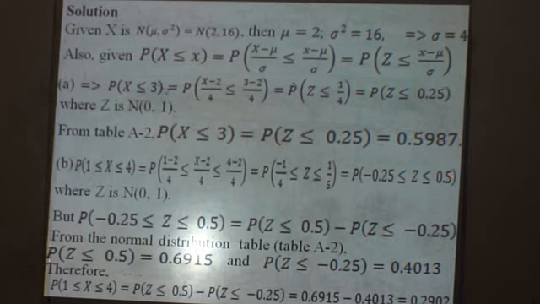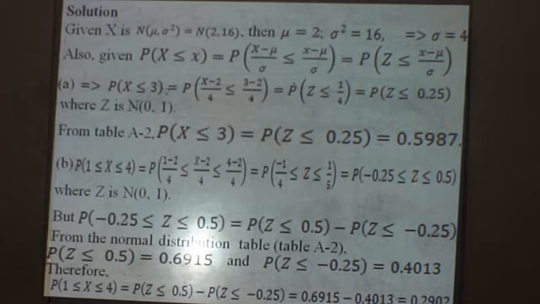Then we read the corresponding value, and from there we will get 0.5987. So the probability of x being less than or equal to 3 is equal to 0.5987.